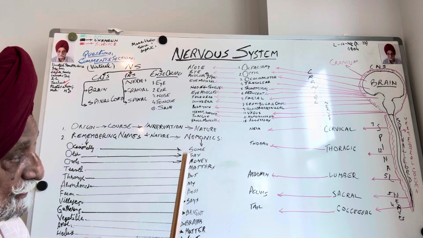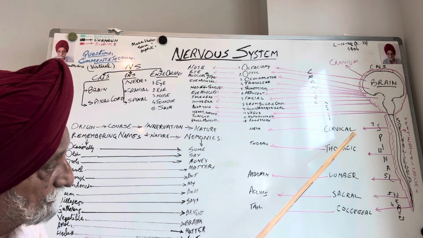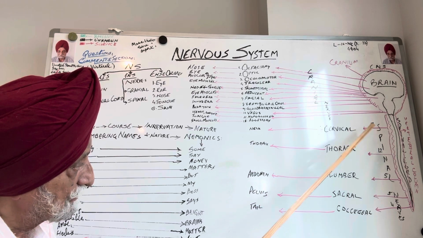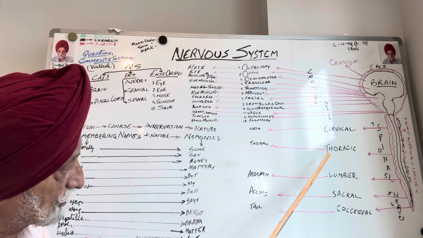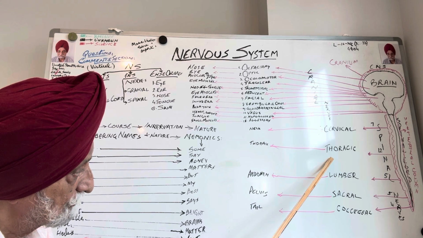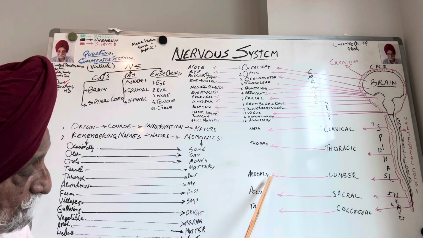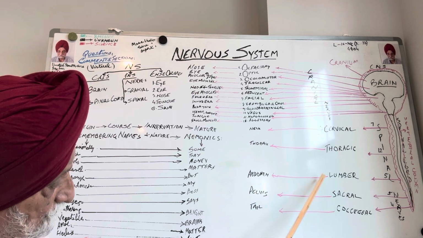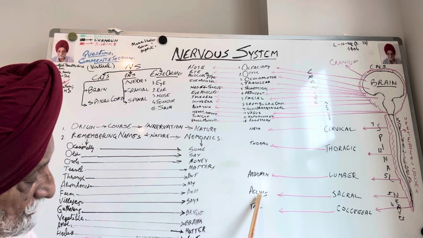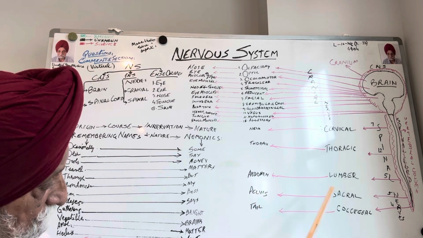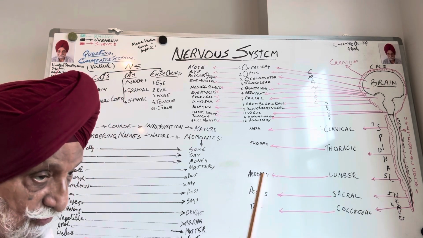And depending upon their location, the ones which come out in the region of the neck are called cervical nerves. In the region of the thorax they are called thoracic nerves, and the nerves in the region of the abdomen are called lumbar nerves, and those which come from the pelvis region are called sacral nerves, and the tail region, coccygeal nerves.